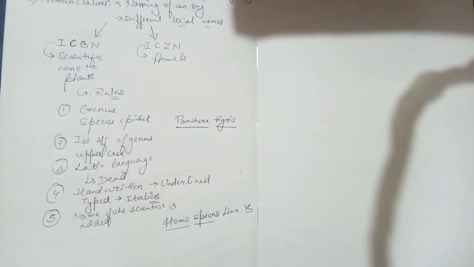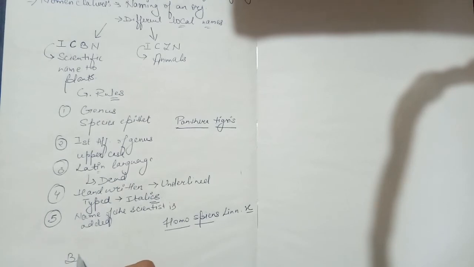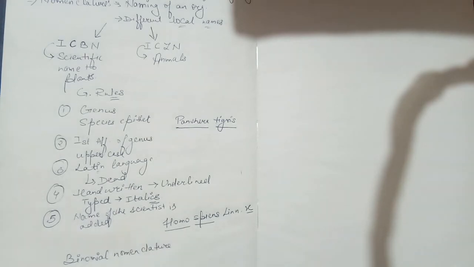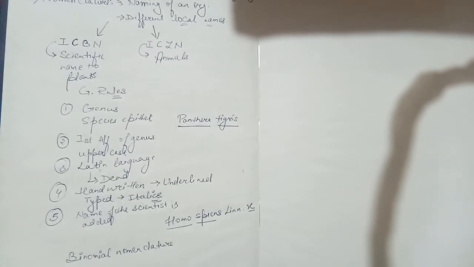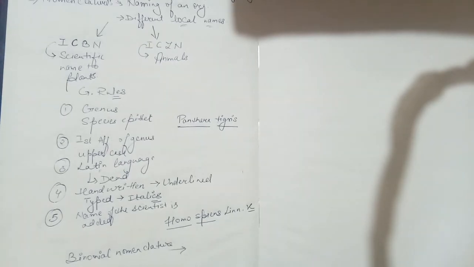These rules belong to binomial nomenclature, which was basically given by Carolus Linnaeus.